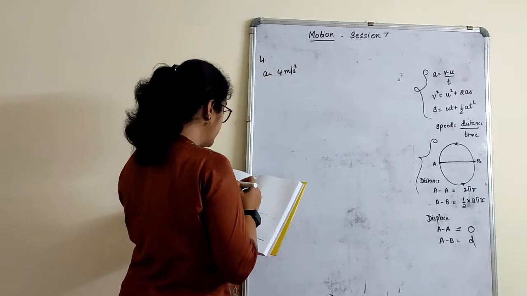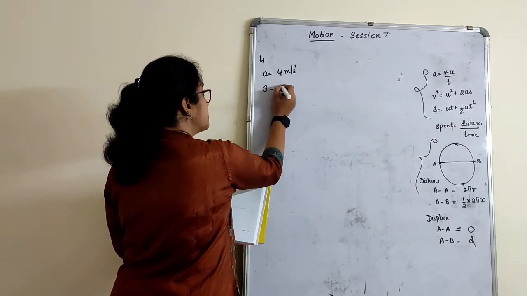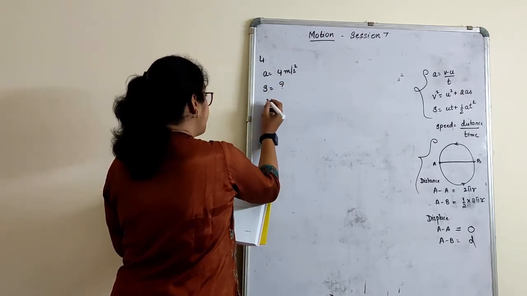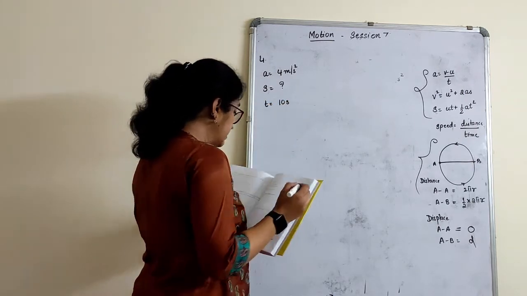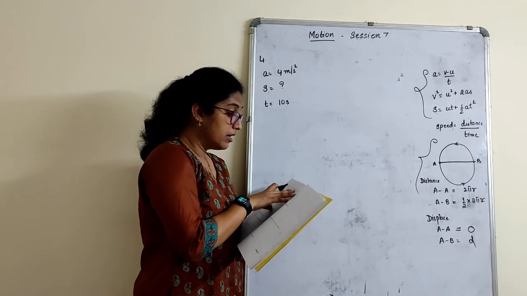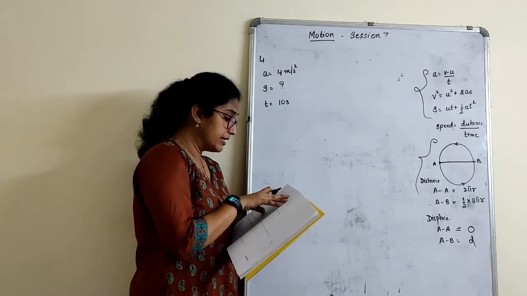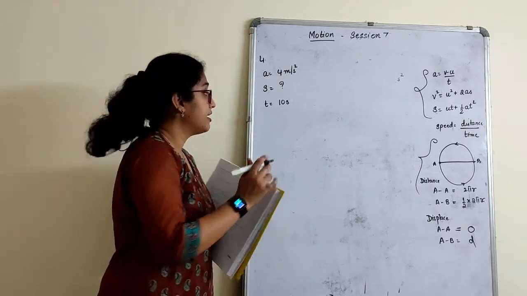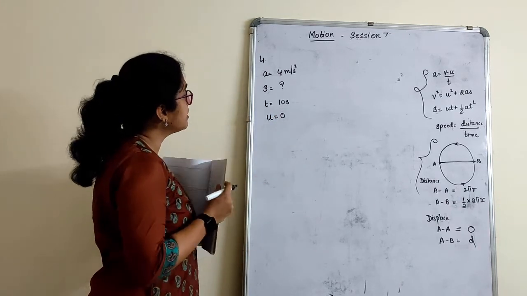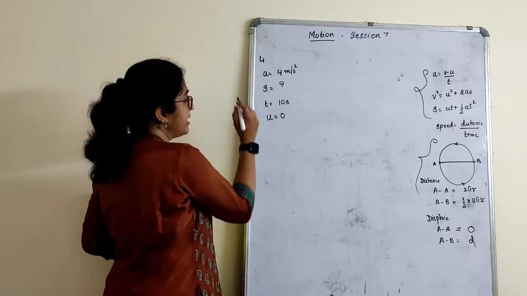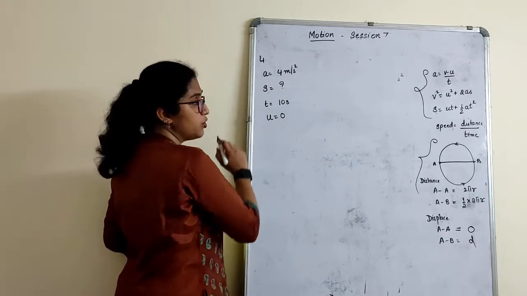What distance will it cover after 10 seconds, in 10 seconds after start? That means the body was at rest. Now see what all things you have here. You have A, you have S, you have T, and you have U. S you have to find out.